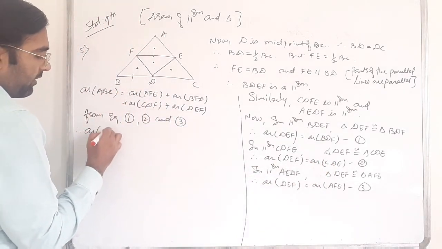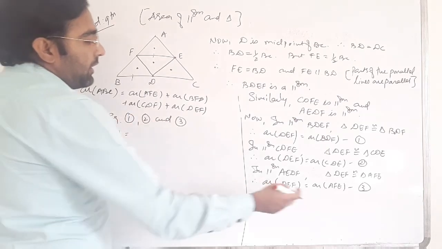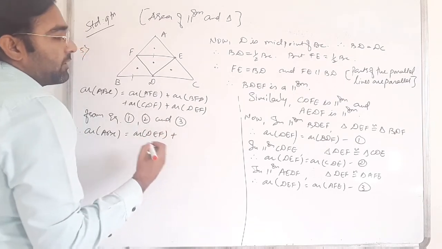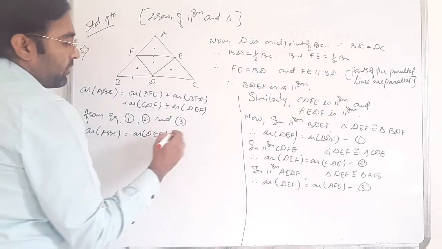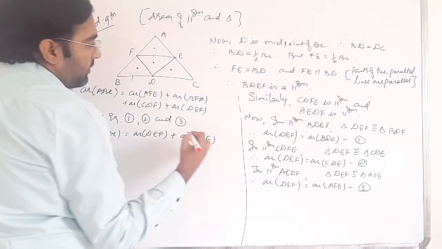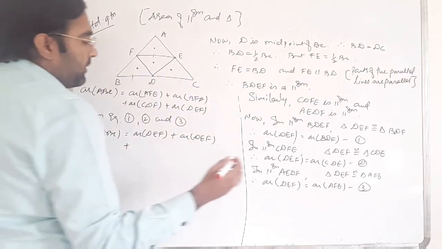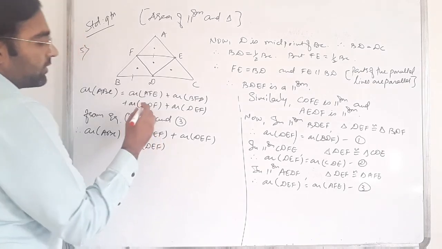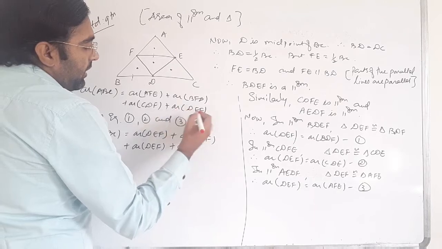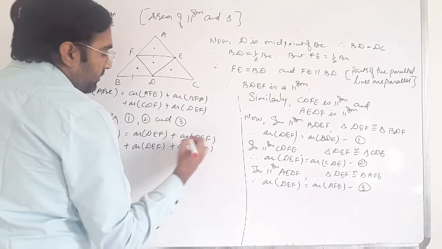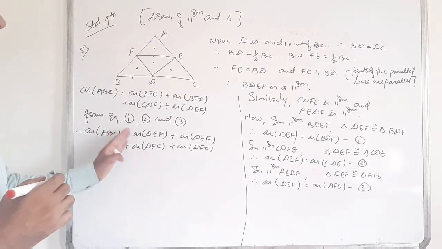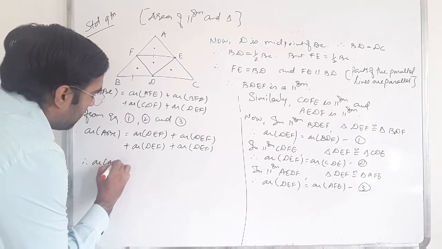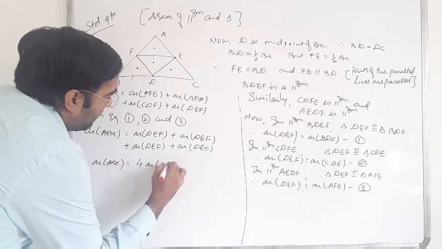So area of ABC is equal to AFE, which equals DEF, so I write area of DEF in place of AFE, plus BFD, which also equals DEF, so again area of DEF, plus CDF, which also equals area of DEF, plus area of DEF as it is. So here we see that it is 4 times the area of DEF. Therefore area of ABC is equal to 4 times area of DEF.